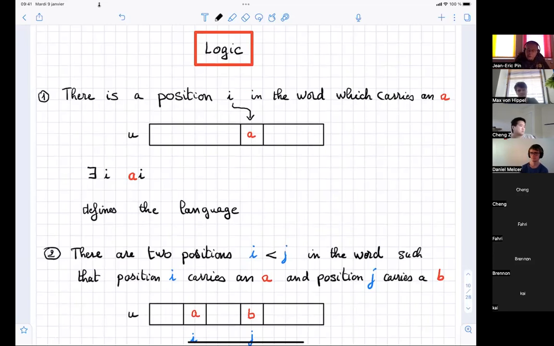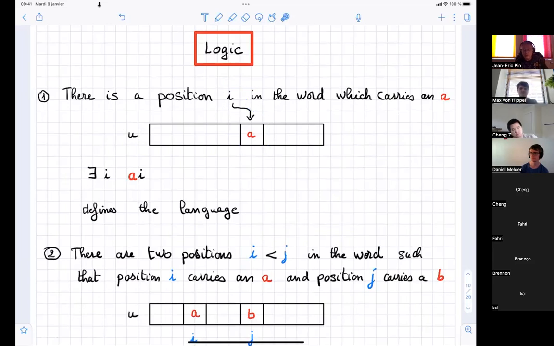Here you consider a word u, okay? And you want to say something like, this u contains an a. More precisely, there is a position i in your word which carries an a, which I indicated by this arrow there.